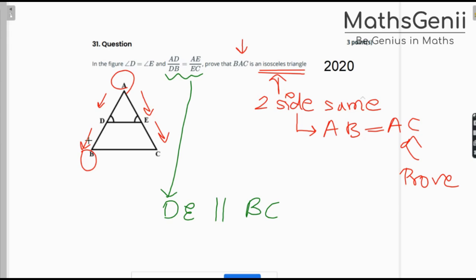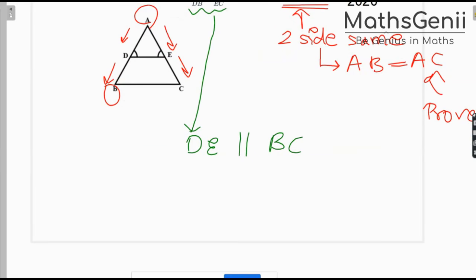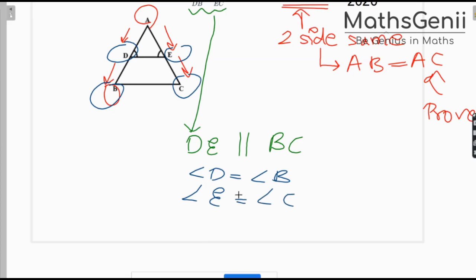Now what does this mean according to corresponding angles? Angle D is equal to angle B and angle E is equal to angle C, because these are corresponding angles.